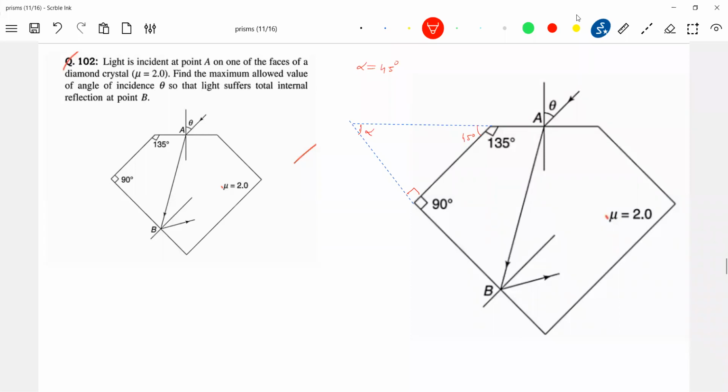So straight away we got the angle of prism. And this will be the refracting angle R1. R1 plus R2 should be alpha.